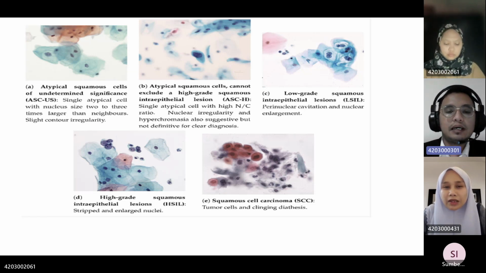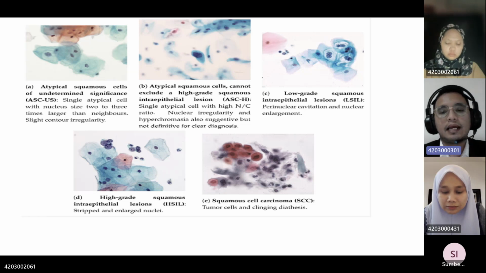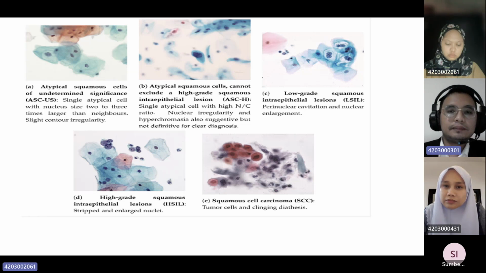And we can see in this picture the difference between low-grade and high-grade SIL is the characteristics.